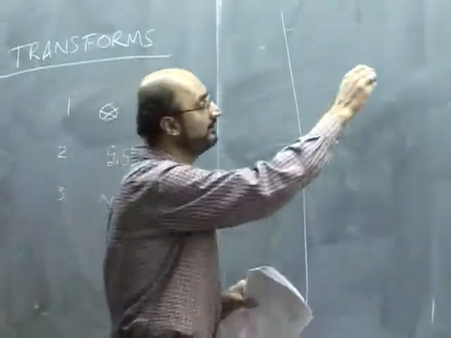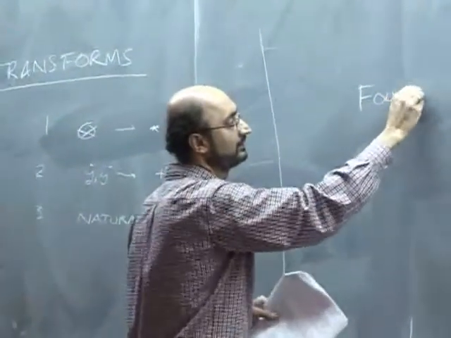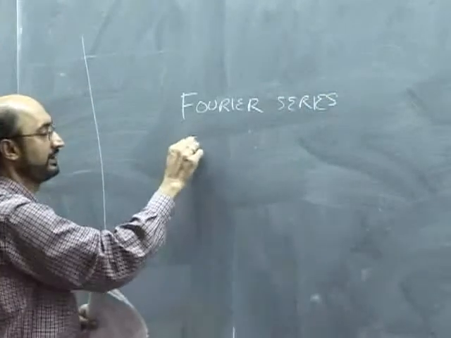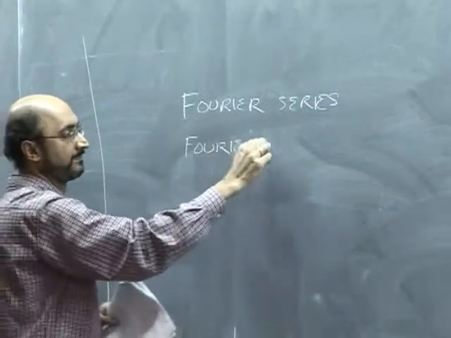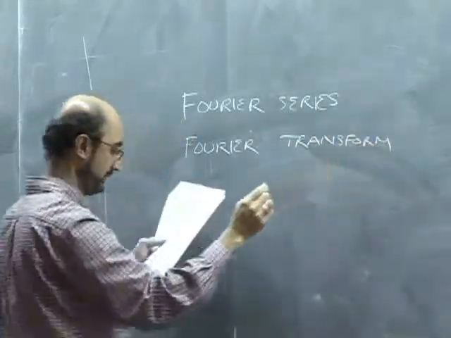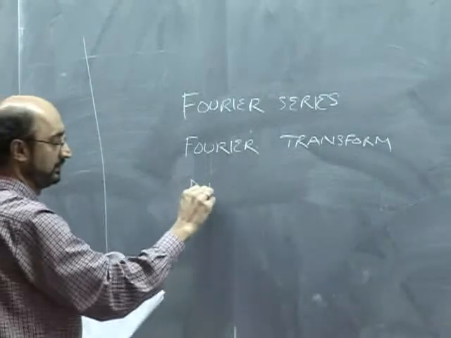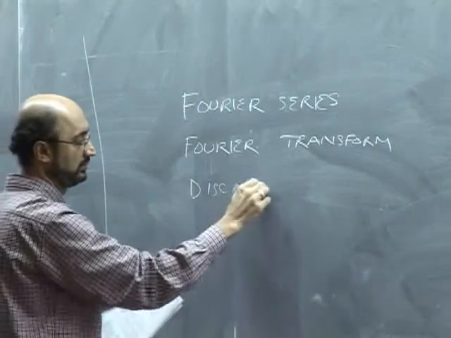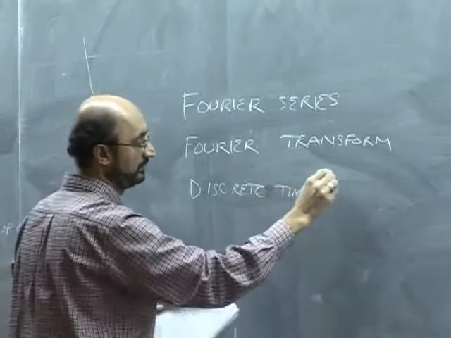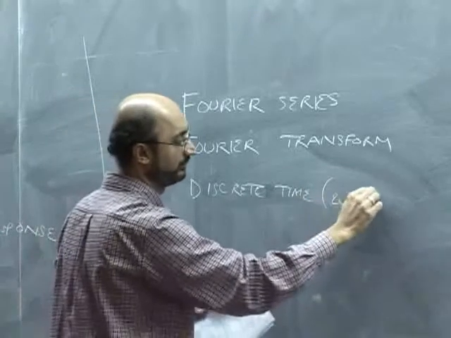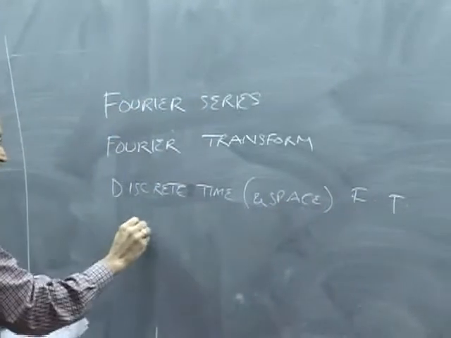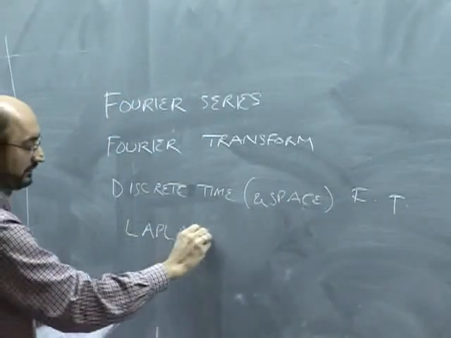So I'm going to talk about 5 transforms: the Fourier series, which is sort of the original idea, then the Fourier transform, then the Laplace, the discrete time, actually it's discrete time and space, but we never mention that usually, Fourier transform, and the Laplace, and then the Z transform.